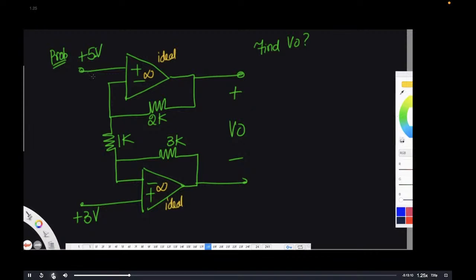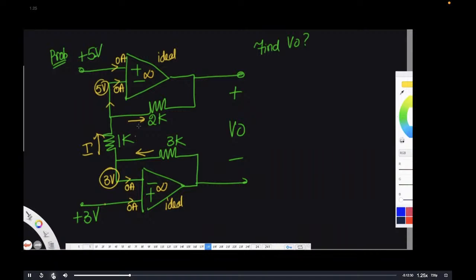What is virtual short? The voltage at non-inverting is equal to voltage at inverting. And op amp draws no current. Then the good thing is, if you take some current I1, I2 and I3, you will realize that because this current is 0, all are same.